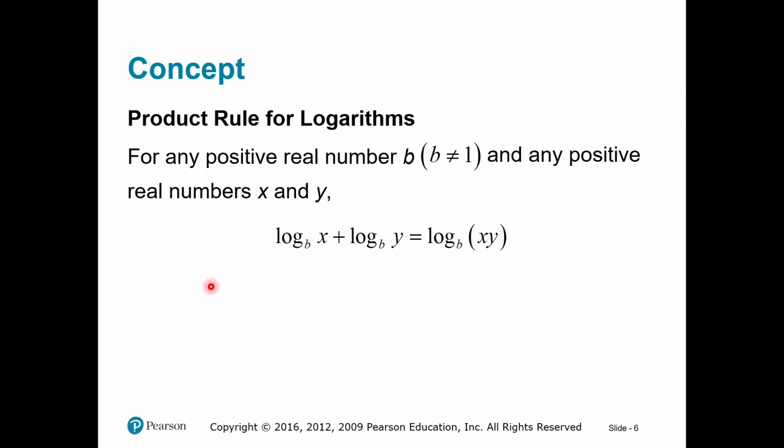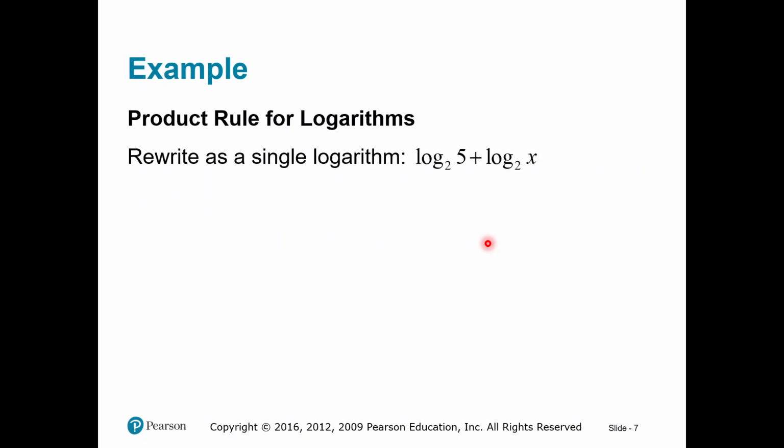Now, let's look at the product rule for the logs. And so we have the log of x plus the log of y. They have the same base b. And so we can just say that we have one log of base b, and then we just take x times y. For example, the log of 5 base 2 plus the log of x base 2.